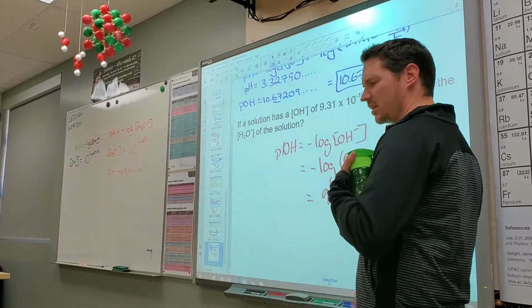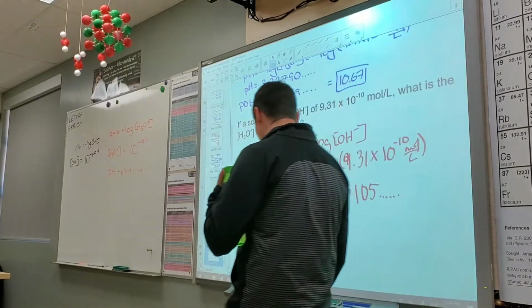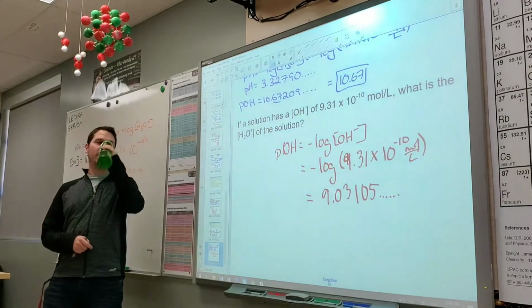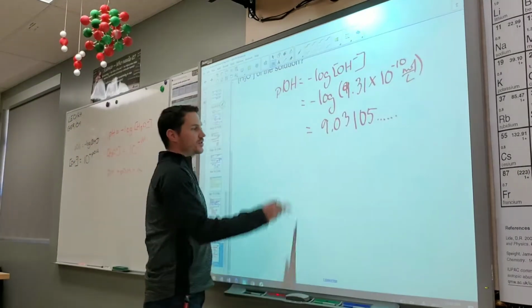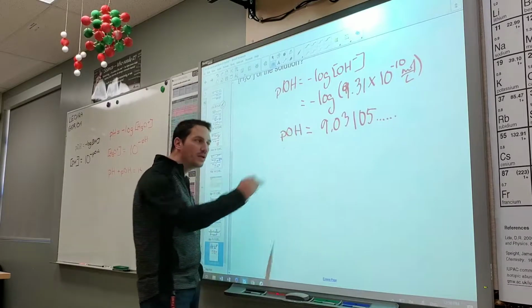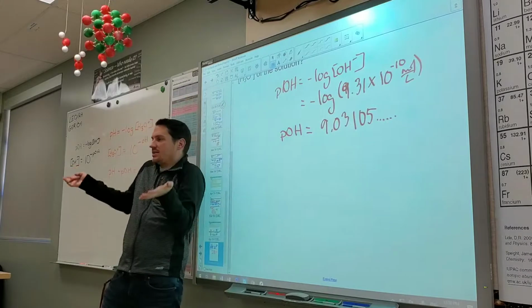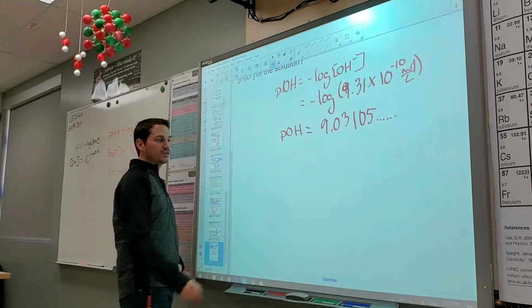What are the units on this thing? No units. pH and pOH don't have any units. Good. Hey, are we done the question? No, then don't round it yet. Okay. So that's the pOH. So where can you go from there? You don't want to go back to hydroxide because that's useless. Where can you go from pOH? pH.